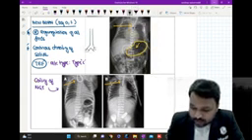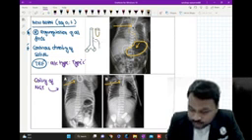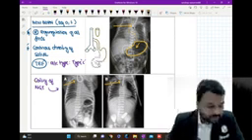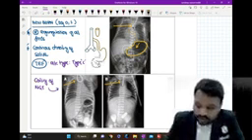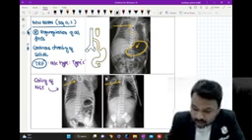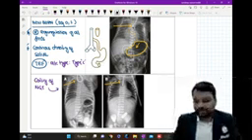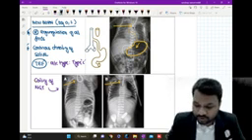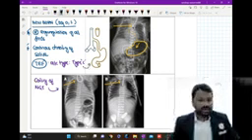There is no problem. The upper segment of the esophagus will have an atresia, and the lower segment will be communicating with the trachea along with the esophagus, right? And this is what we call the tracheoesophageal fistula. That is the type C variety.